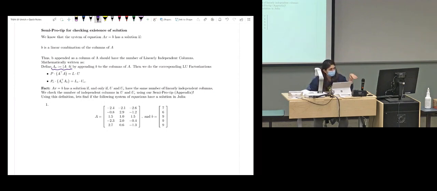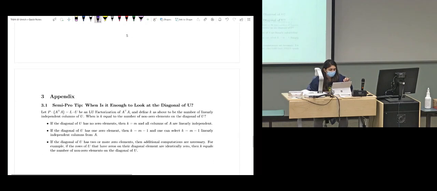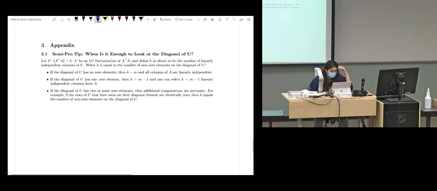To do that, we have the semi-pro tip right here. The semi-pro tip says, when we know the LU factorization for A transpose A, we define K to be the number of linearly independent columns of U.